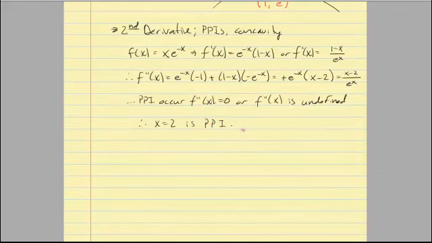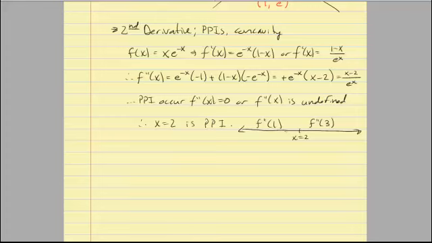The way I check this to be sure is to check it in a concavity chart. So here's x equal 2. Now remember, I want to know the behavior of this function to the right and to the left of this possible point of inflection. So if I plug 3 into my second derivative, I get a positive value back out.